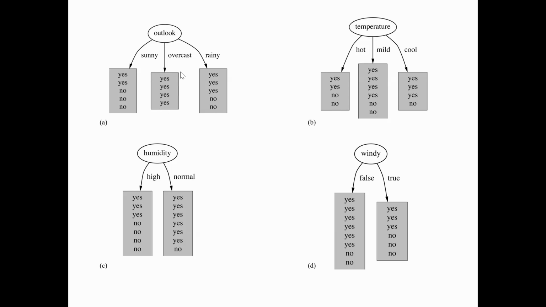If you look for simple decision trees, the outlook attribute is better, because in the overcast branch, it will be terminated and the final outcome would be yes. When outlook is overcast, we always say the play is yes. So that's the criterion we can use to select outlook.